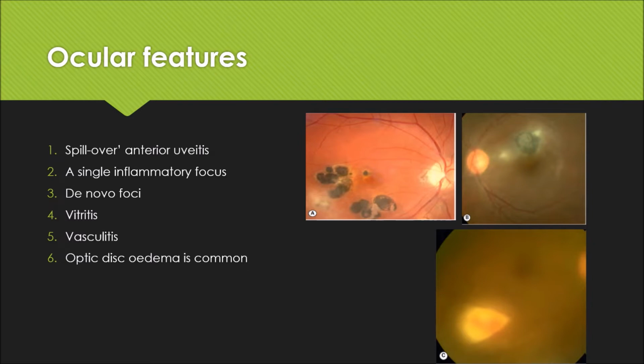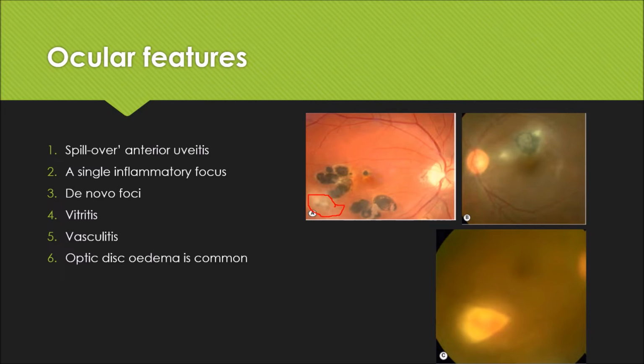A single inflammatory focus of fluffy white retinitis or retinochoroiditis associated with pigmented scar or satellite lesion is typical, as this here may represent that satellite lesion, and lesions tend to involve the posterior core as they're seen here in the macular area.